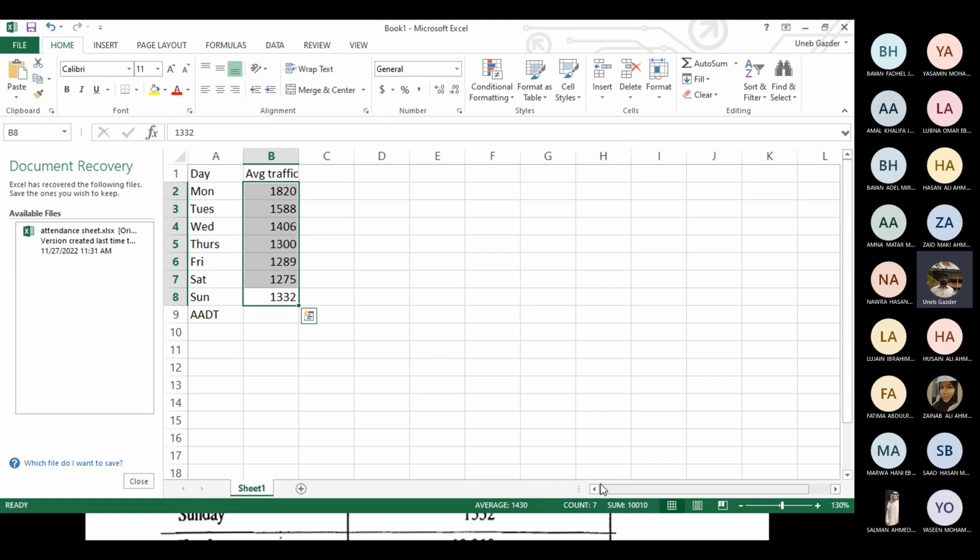They have already done the average of each day of the week. Now I will take the average of the entire week from these averages. So this will be my AADT.